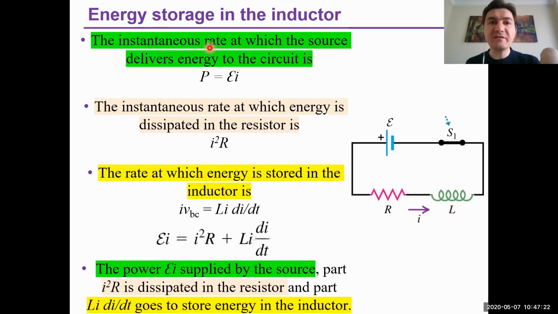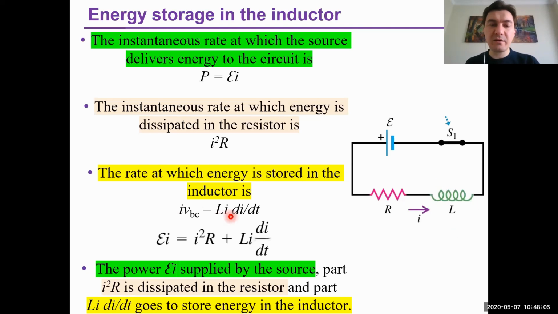The instantaneous rate at which the source delivers energy to the circuit is given by EMF times current, okay? Some part of this energy is dissipated in the resistor, and the instantaneous rate at which energy is dissipated is I squared times R. The rate at which energy is stored in the inductor is given by I times the potential difference across the inductor.